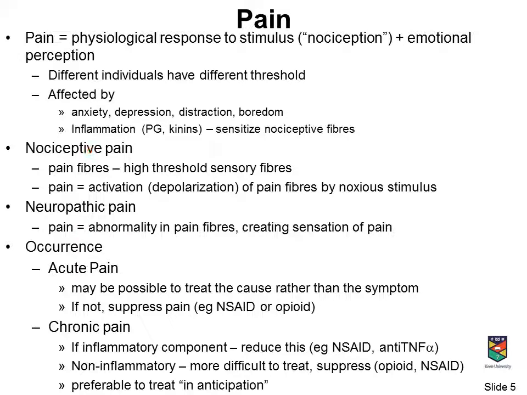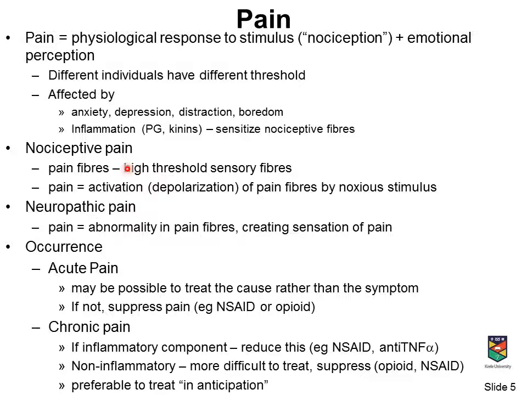So nociceptive pain comes about when you actually do some damage to your body, or some damage takes place to your body, let's say, and then the fibers that detect the pain get activated. Now these pain fibers are sensory fibers, but they've just got a high threshold for activation. So they're not like the fibers that you use to feel something.